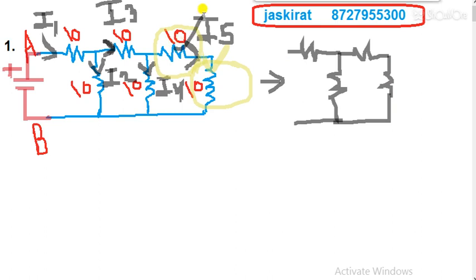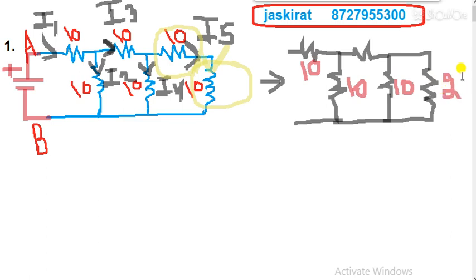So this gives me a resistance having the value 20. So here I am drawing that resistance, it is 10, also 10, 10, this one is 20, and this is 10.